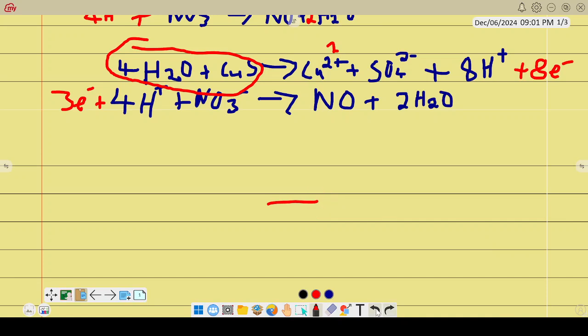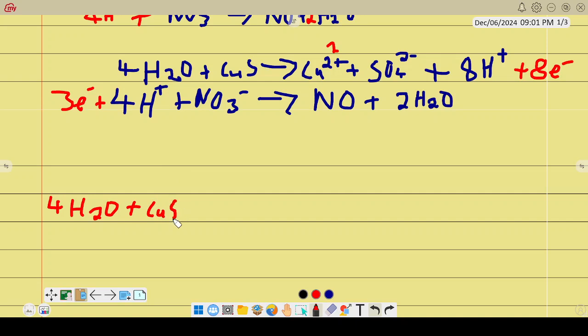So we can add the reactants together. We start with the things on top. I'm sure you can see we have four water molecules. We have copper sulfide. We're done on top. So these are the reactants.